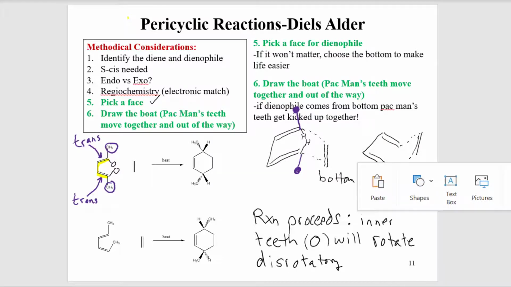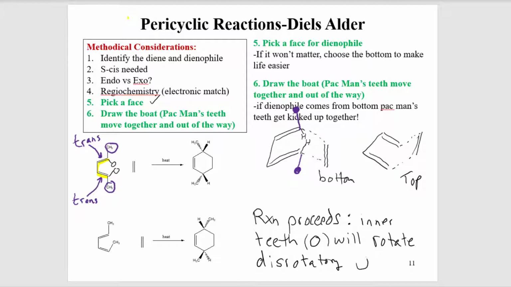Now, if you ever wanted to learn more about what this means and how you can predict disrotatory versus the opposite, called conrotatory, you'd have to probably take an advanced organic course. Disrotatory means that the rotation of each carbon is in opposite directions. One's going to go clockwise, one's going to go counterclockwise.